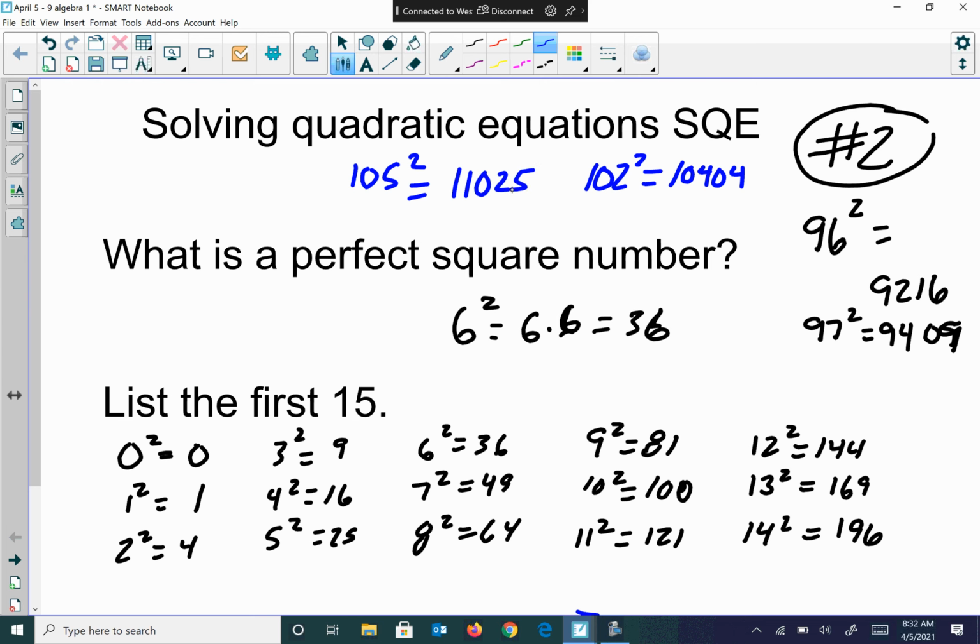You get it? So there's a little trick when it's right around 100. If it's below 100, your last two digits are how far below 100 we are. So if we pick, say, 96, we are 4 below 100. 4 squared is 16. That's my last two digits.